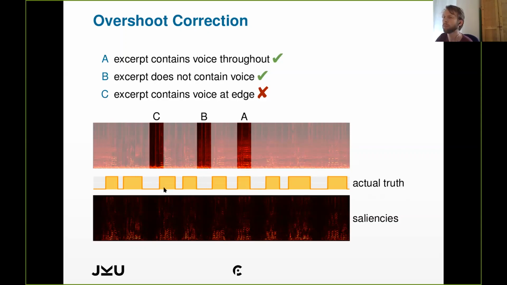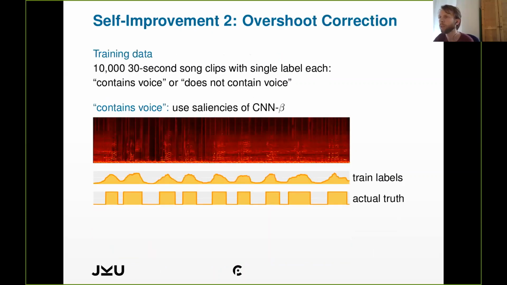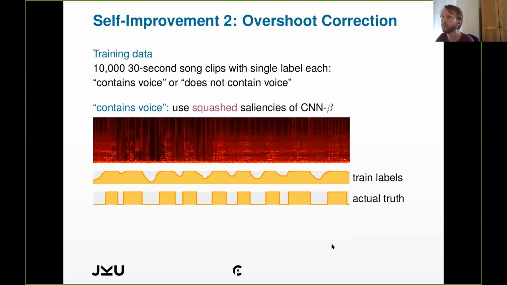And we can draw this as a picture of the same shape as the input, and then sum this up over frequencies, and we get a new prediction curve, which is low at this example. So this is what we will use as our new training labels now. Actually, I will squash them a bit using a tanh, so they're more binary.